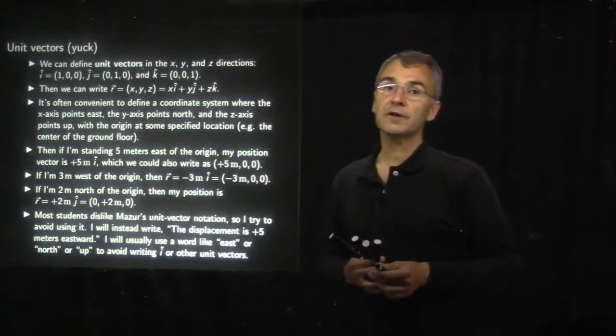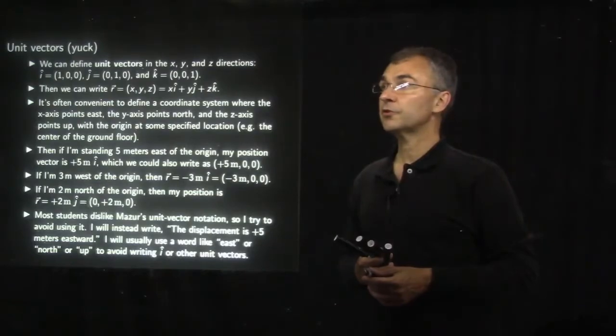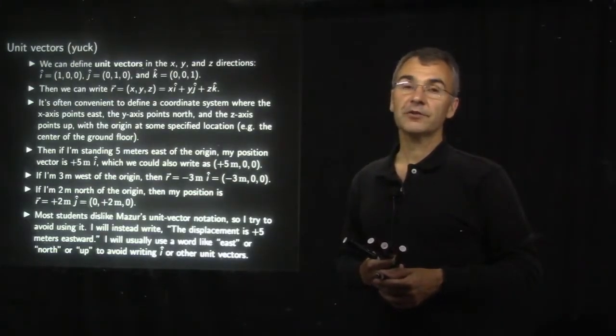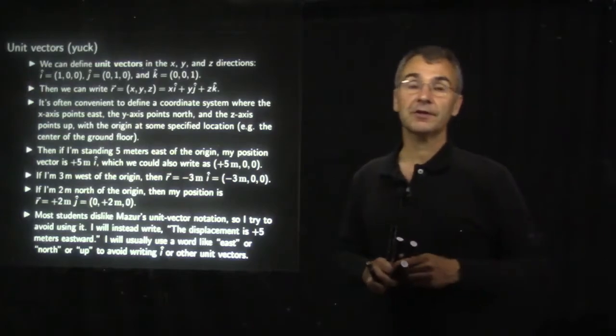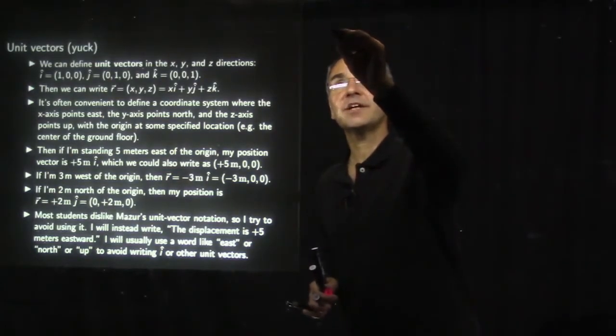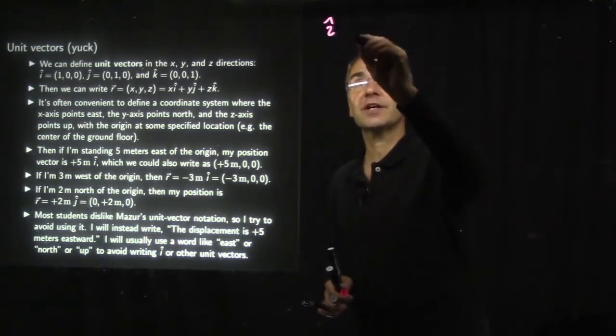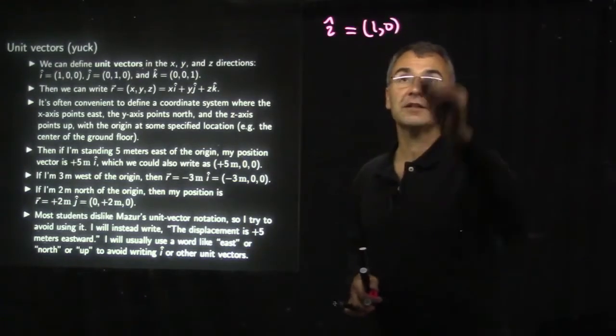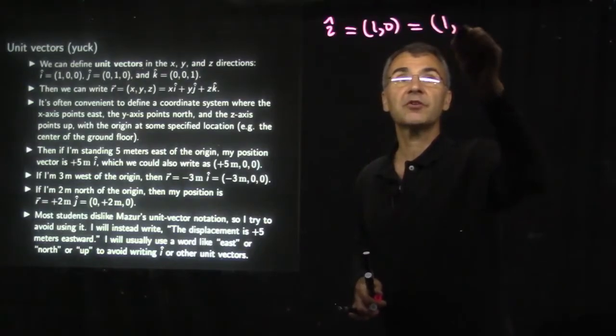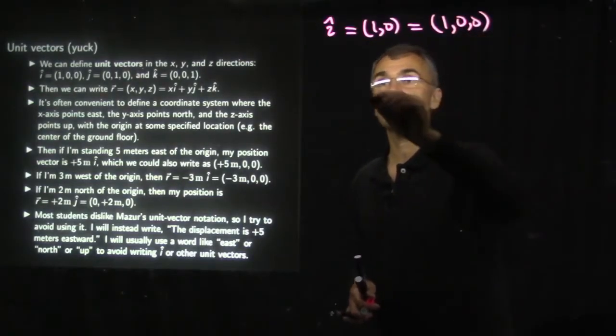So if you are accustomed to writing vectors in a plane as ordered pairs, or maybe you've used ordered triplets to write vectors in three-dimensional space, then we can say that the unit vector in the x direction, I hat, you could call it 1, 0 in the plane, or if you're in three-dimensional space, you could call it 1, 0, 0.